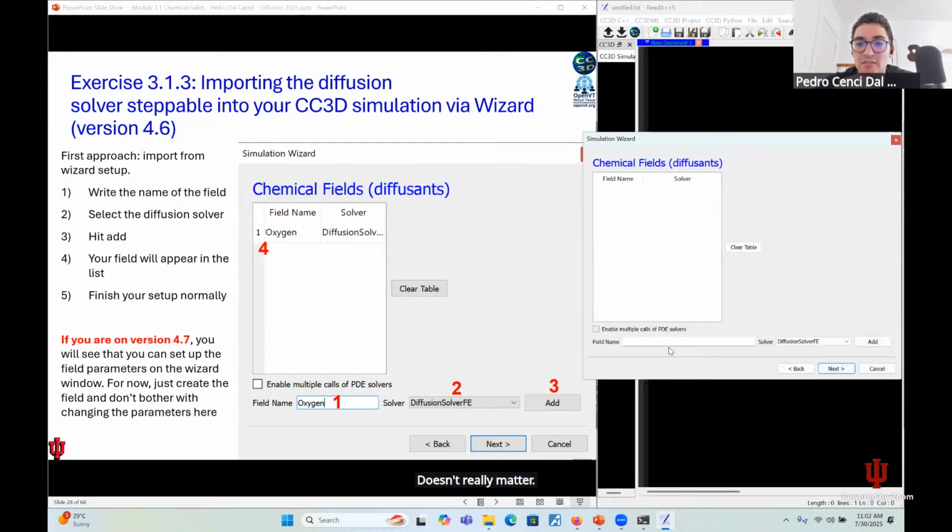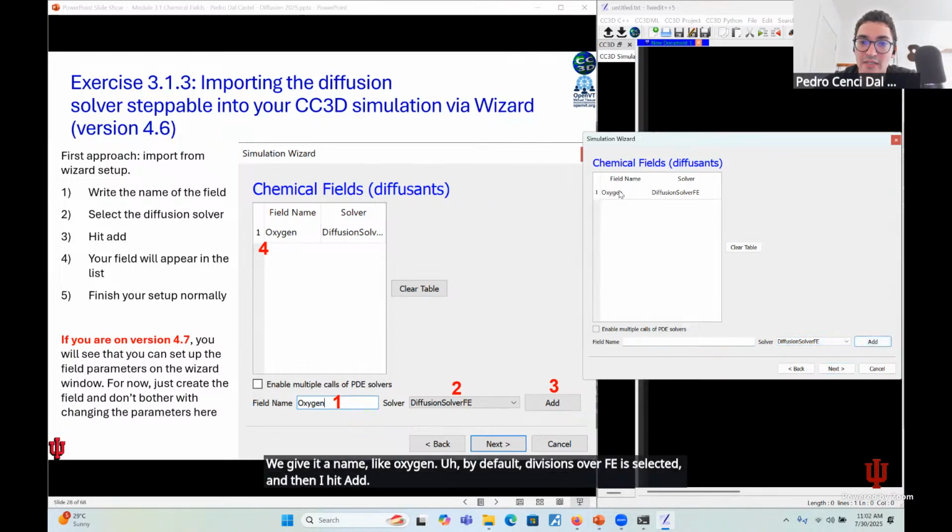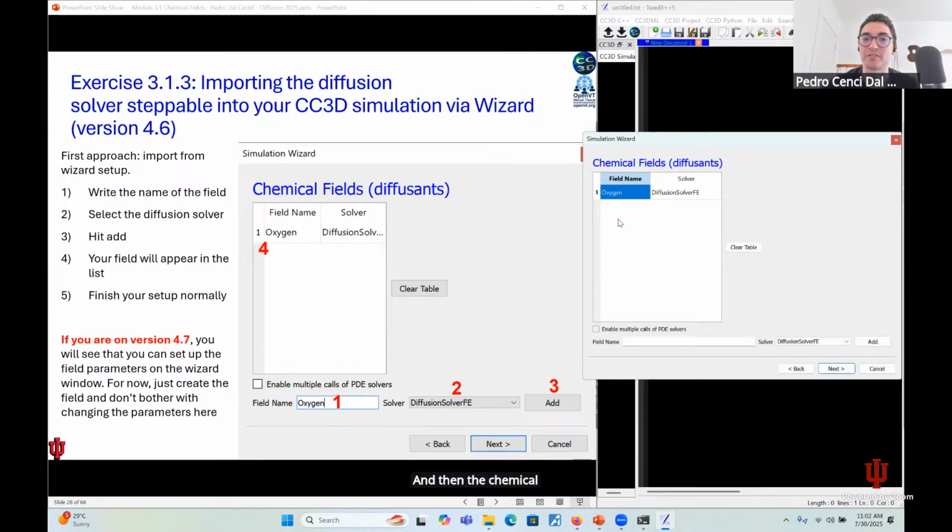Next. So now on the chemical fields, we give it a name like oxygen. By default, diffusion solver FE is selected, and then I hit add. And then the chemical field shows up here in the table. And then you can hit next, next, next, and finish.